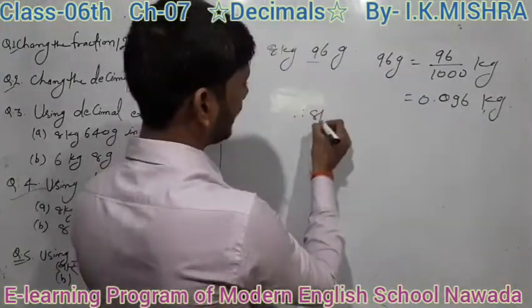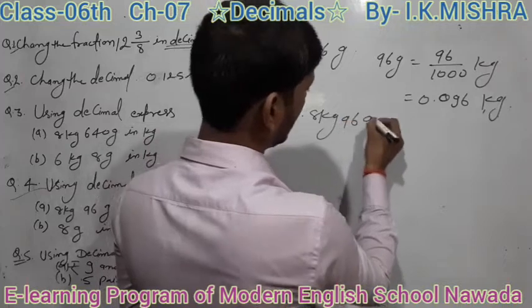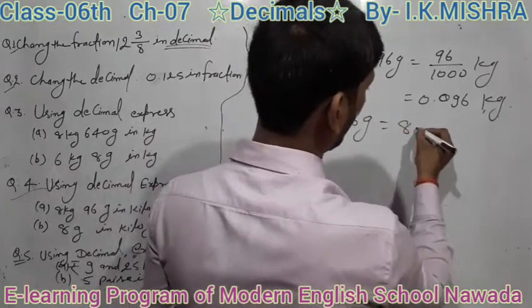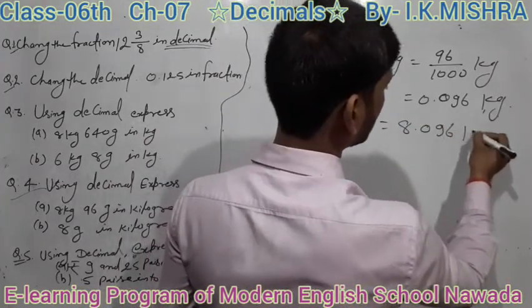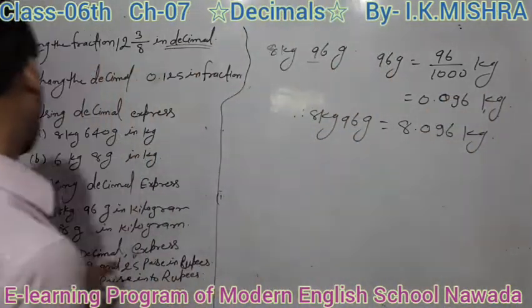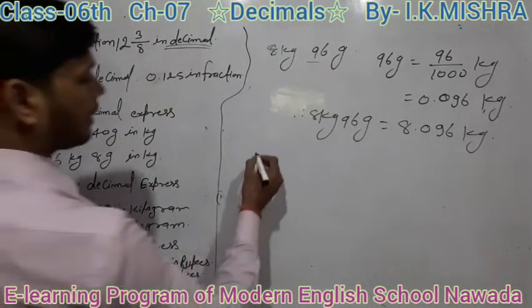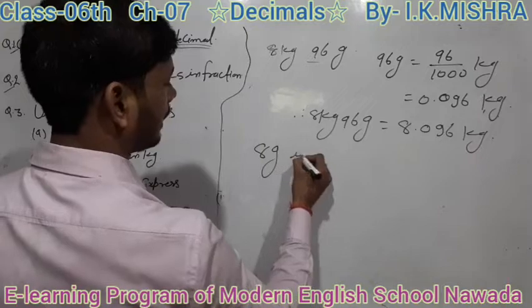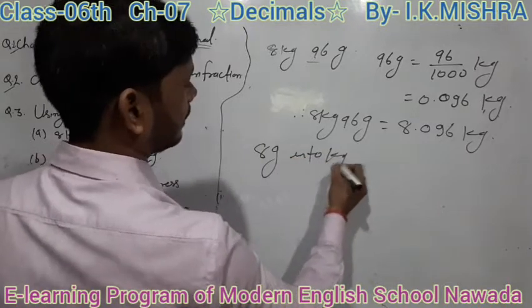So 8 kg 96 gram is equal to 8.096 kg. Clear students?